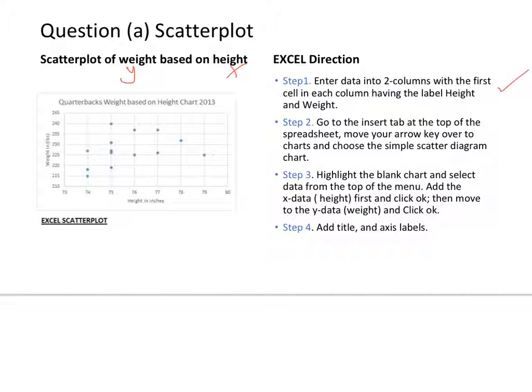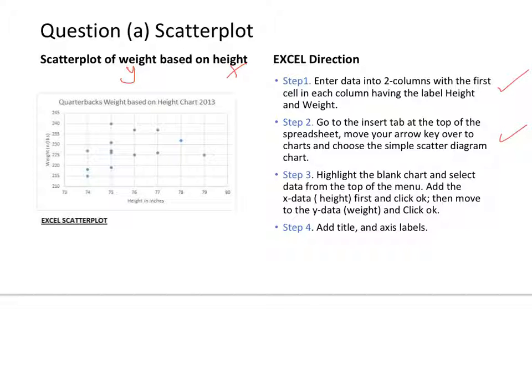Step 2, go to the Insert tab at the top of the spreadsheet and move your arrow key over Charts and choose the Simple Scatter Diagram chart. Make sure your cursor is in some empty cell next to your data set or a little farther away from your data set.